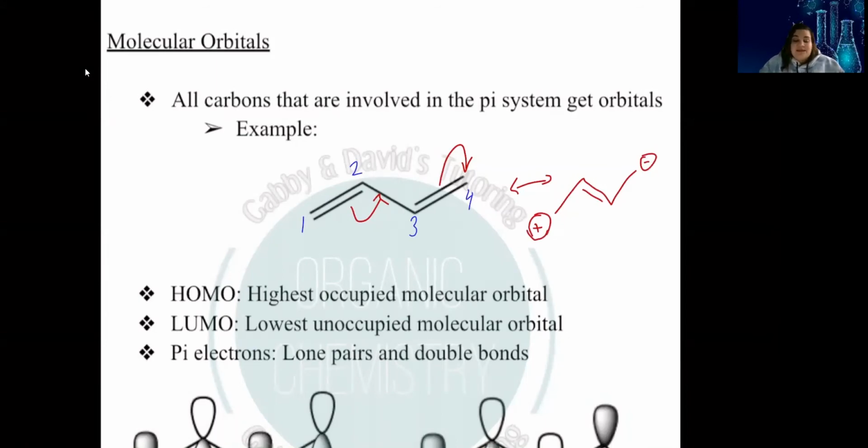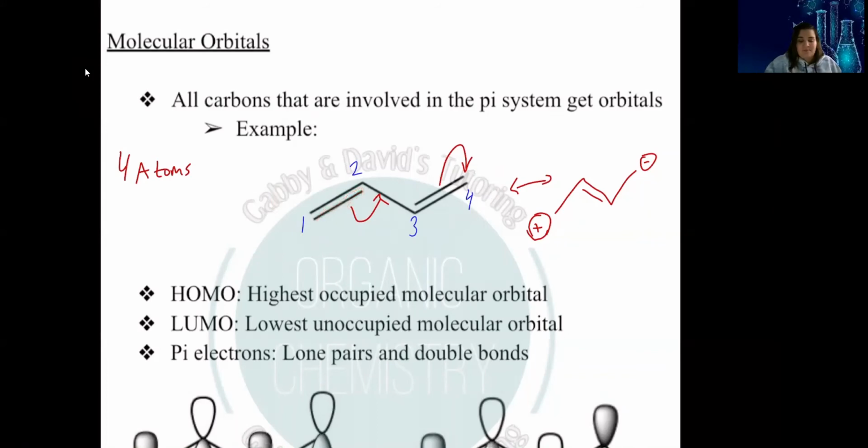Now we have to decide how many pi electrons we have. So we have 4 total atoms involved, or 4 total carbons. Now we want to determine how many pi electrons. Pi electrons are lone pairs and double bonds. So if we look at this guy here, we have 2 double bonds. Each double bond has 2 electrons, right? These are pi bonds.